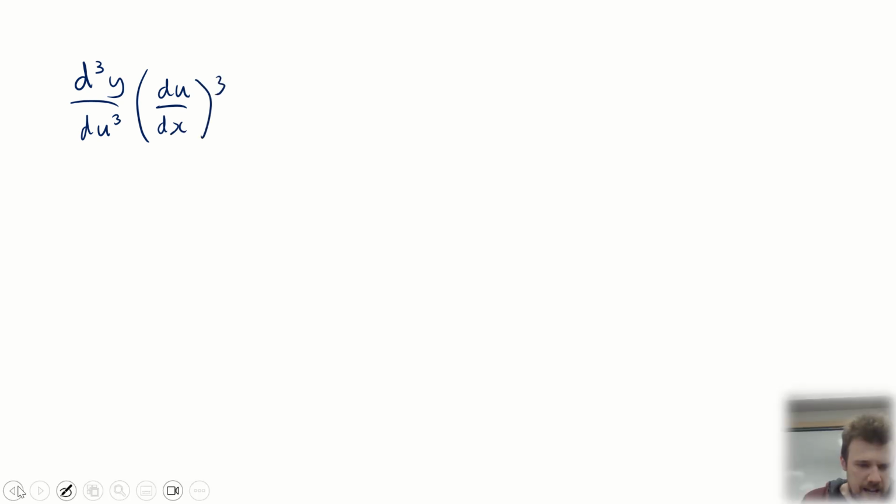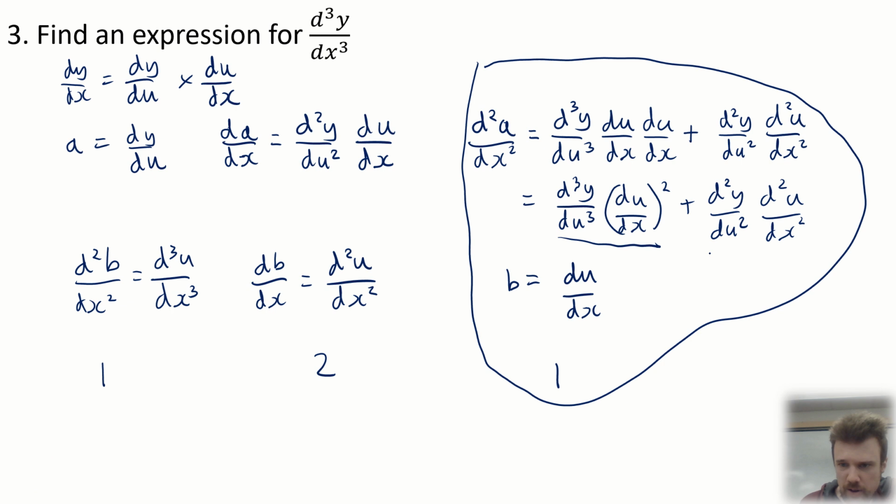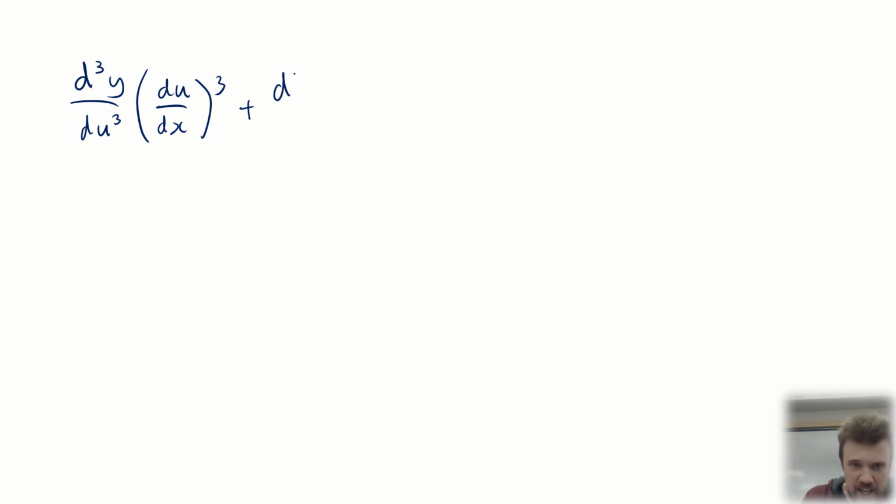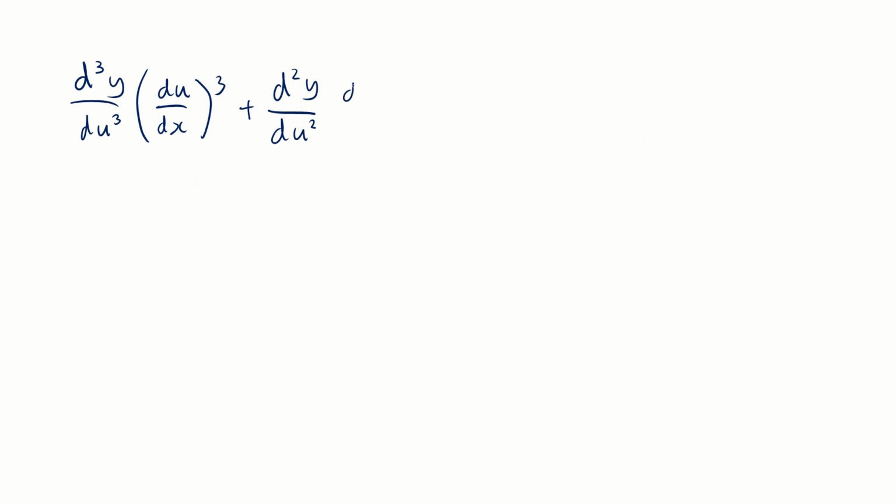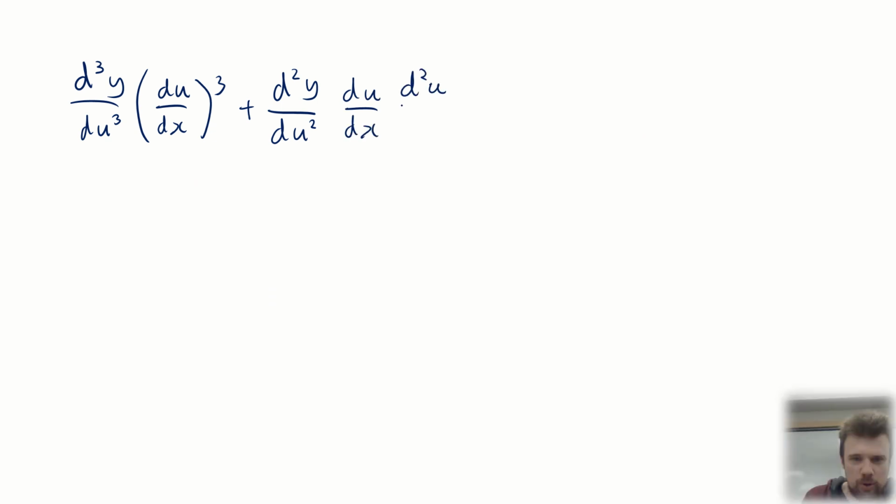So let's write that down. We're going to have d3y over du cubed times du over dx all cubed. And we're also going to be multiplying du over dx by this thing, which is going to give plus d2y over du squared times du over dx times d squared u over dx squared. I think I wrote that down correctly.